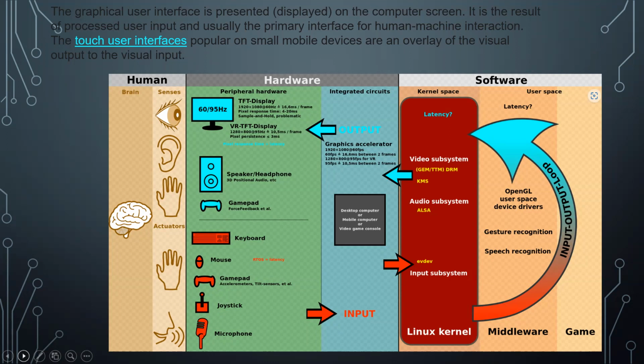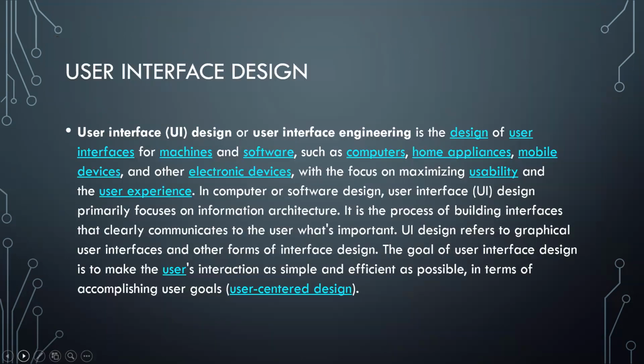The user interface design is nothing but the intermediate, or a bridge, for human and machine interaction, which needs to be easily accessible for humans. So user interface design or user interface engineering is the design of a user interface for machines and software such as computers, home appliances, mobile devices, and other electronic devices, with the focus on maximizing usability and the user experience.